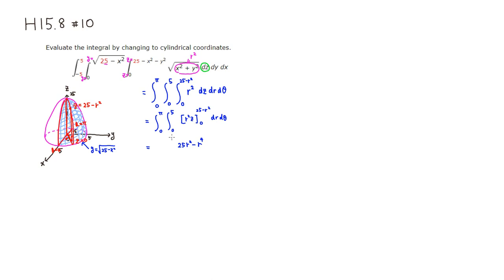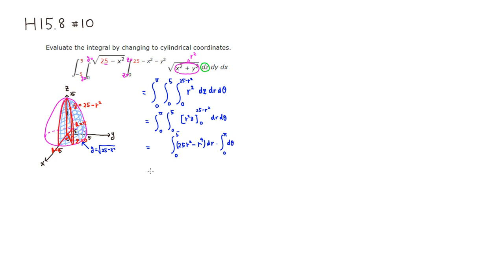Then we want to integrate that with respect to r, from 0 to 5. And since this has nothing to do with theta, I can actually separate these. So I'm going to go from 0 to pi just for d theta.